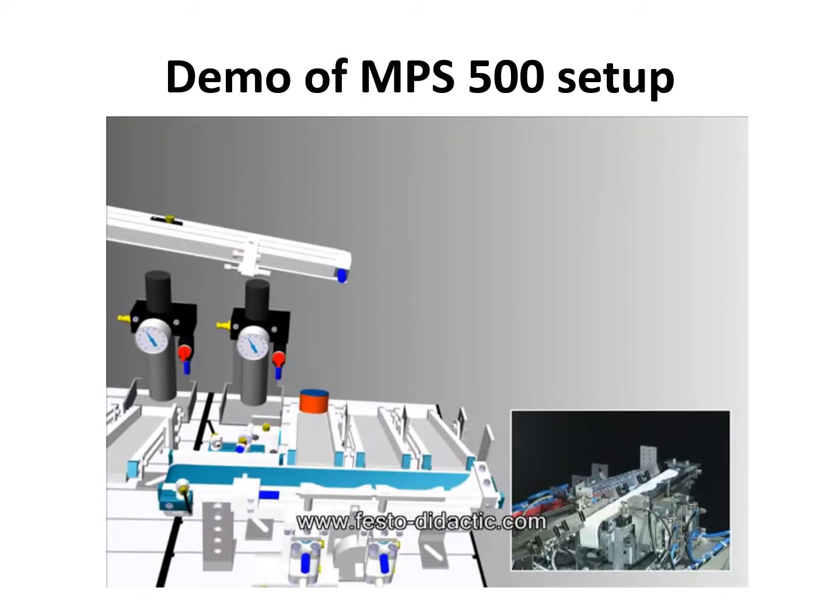We have these pneumatic actuators to move these parts around, to do the pick and place. We have these pneumatic actuators here that basically sort these parts into these slides.